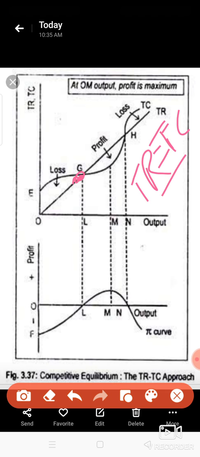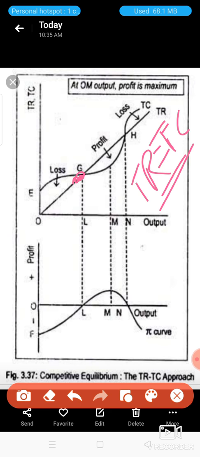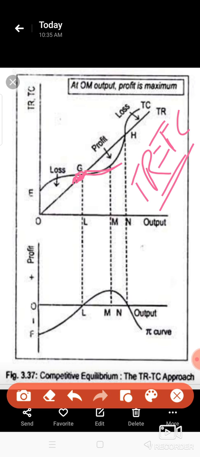It means here profit is zero, neither loss nor profit. So this is the break-even point, or the point where the firm is getting only normal profit.